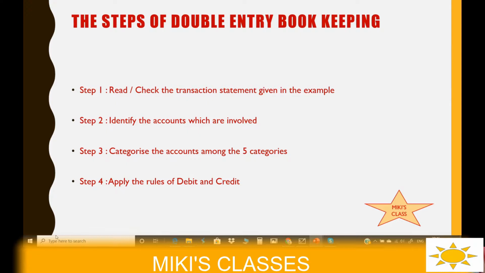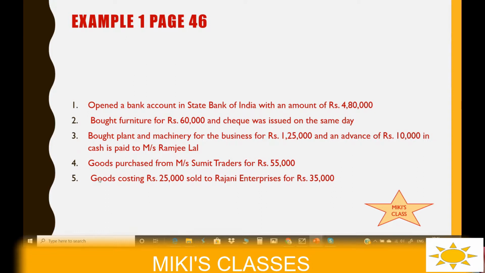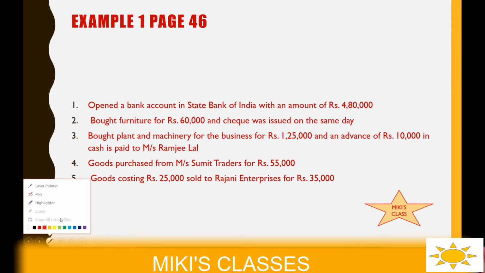Now this, as we have discussed even the last time, requires a bit of practice, but let us go back to the statement. So now what are the accounts involved in this? We know that what has happened is this person, whoever is the owner, has gone and opened an account in State Bank of India. What would this be in the name of?